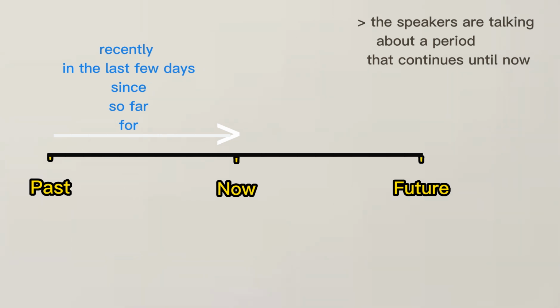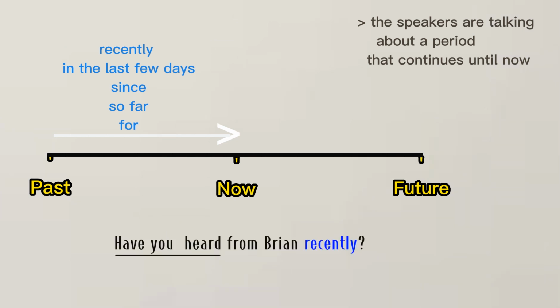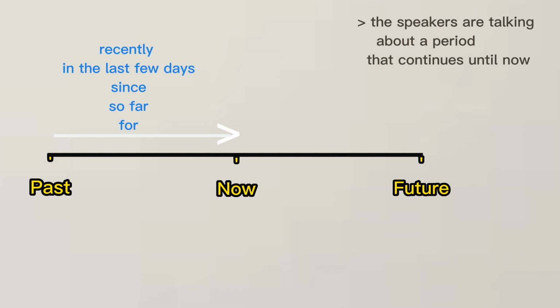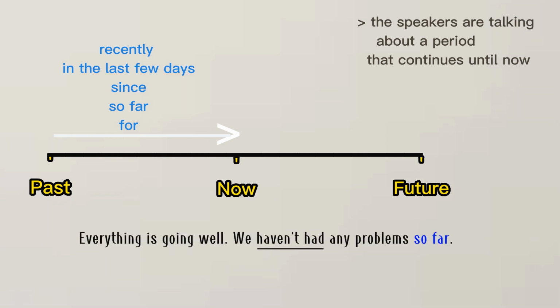So let's say, for example, have you heard from Brian recently? Another good example: I've met a lot of people in the last few days. Another, we say everything is going well. We haven't had any problems so far.